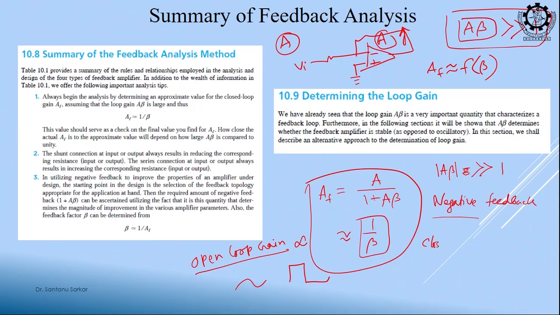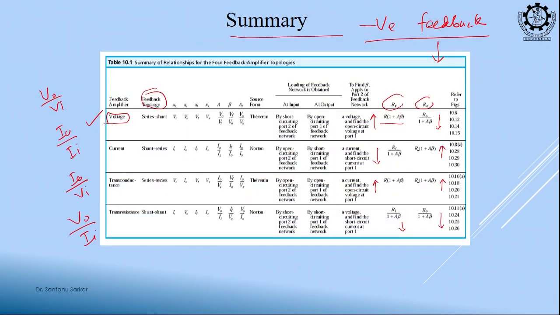So, we are getting rid of their dependency, and now our gain is dependent on a resistance ratio. So, even if temperature is changing, my ratio will be constant. So, I am having a fixed gain. Okay, understood. This is the main advantage, right. So, these are all written and we already discussed this. So, this is the summary.